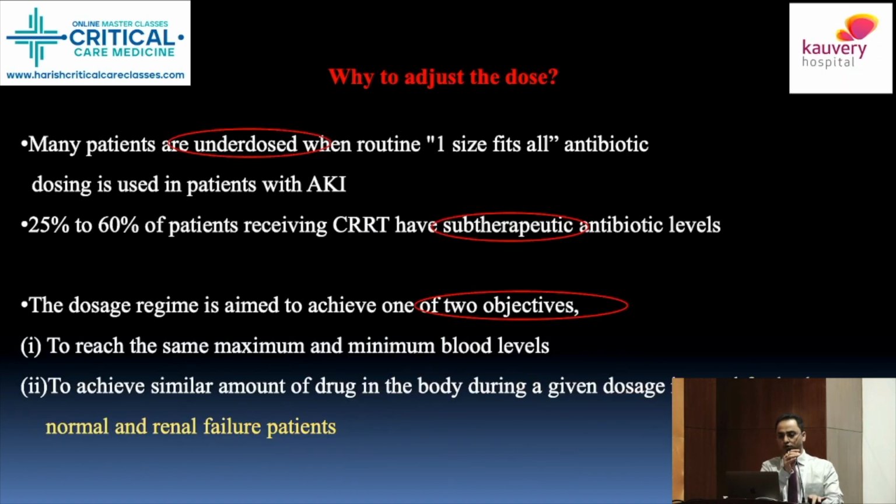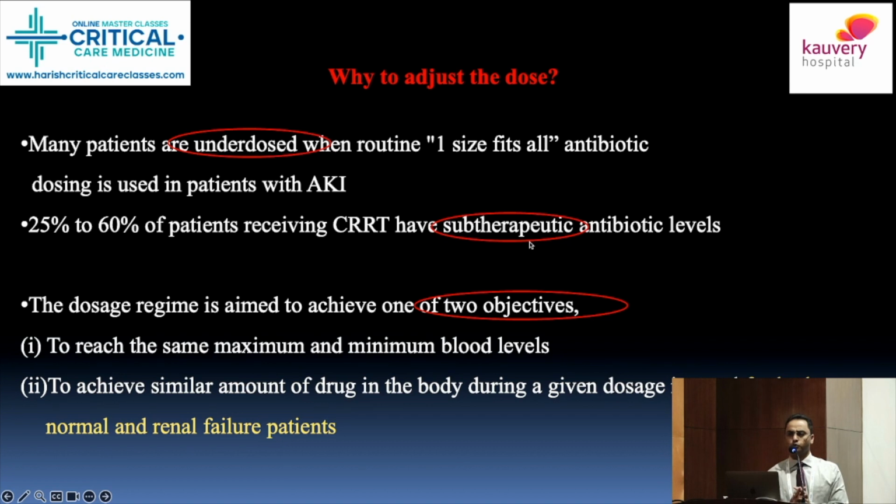See, why adjust the dosage in any patient who is critically ill? If you see, the data suggests many patients are underdosed when a routine one size fits all antibiotic dosage is given with the background of acute kidney injury. Around 25 to 60% of patients receiving continuous renal replacement therapy have subtherapeutic antibiotic levels.